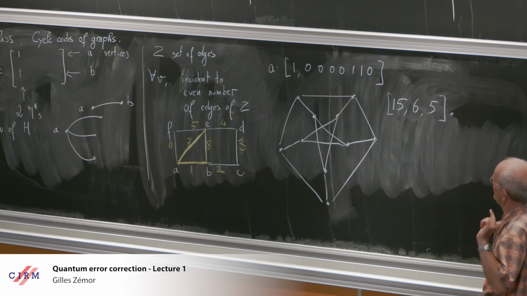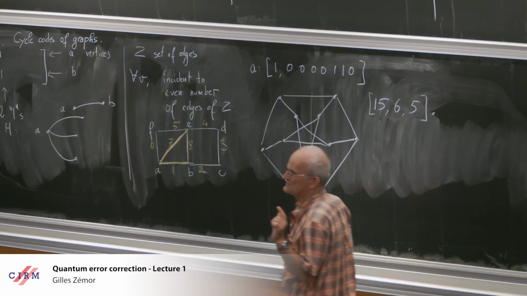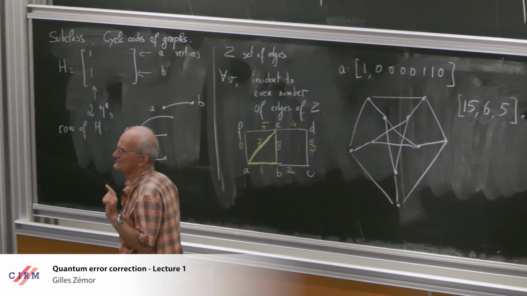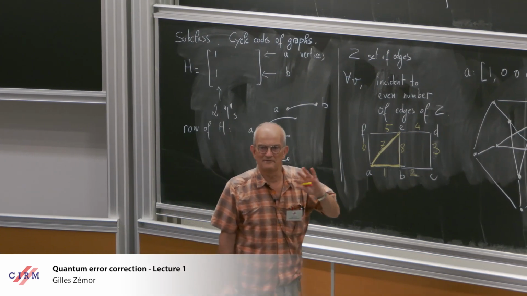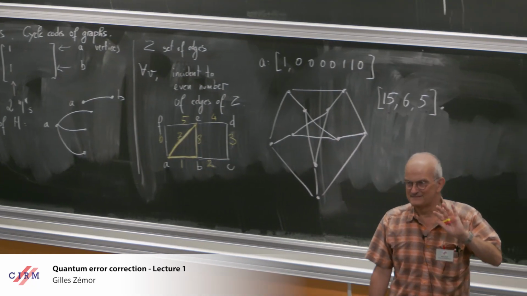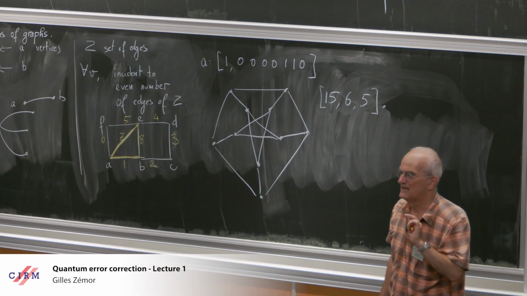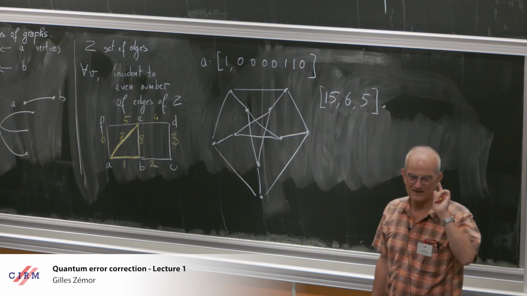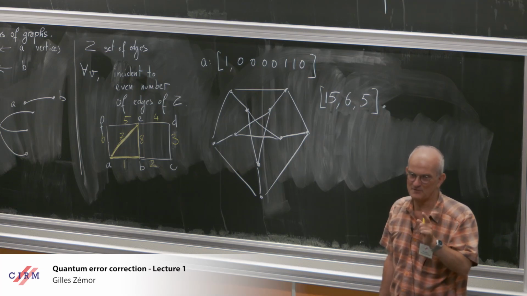They're not the best codes around by far. Typically, their minimum distance is not super good. Asymptotically, it doesn't grow very fast with the length n, but it has a huge number of very interesting properties. In particular, decoding is polynomial time.